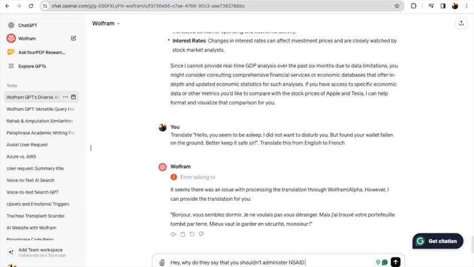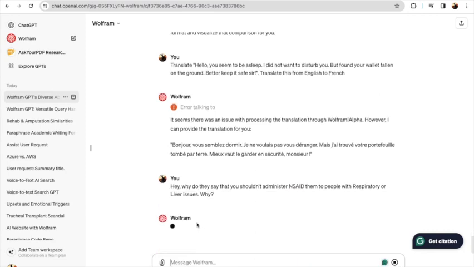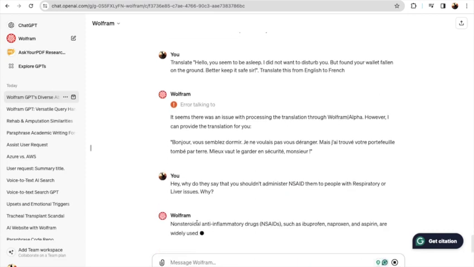NSAIDs are basically non-steroidal anti-inflammatory drugs, like paracetamols, but not paracetamol. They're stronger drugs, but you shouldn't administer them to people with respiratory or liver issues. Why? Now I know the answer to that, but I want to know if Wolfram can really get the right answer.